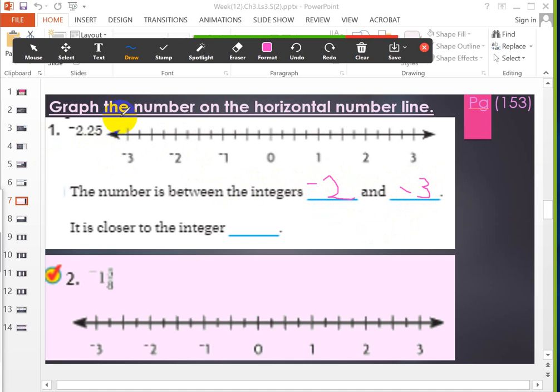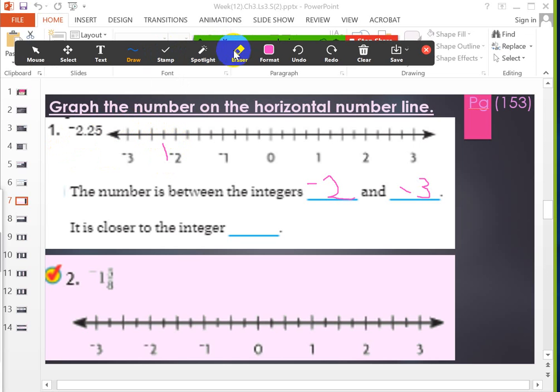Where do I have to locate negative 2.25? Look here, the distance between 2 and 3 is divided into 4 parts, right? So each part will be what?